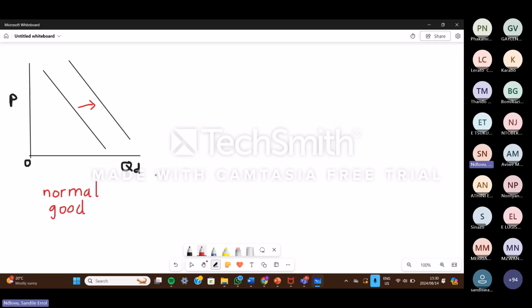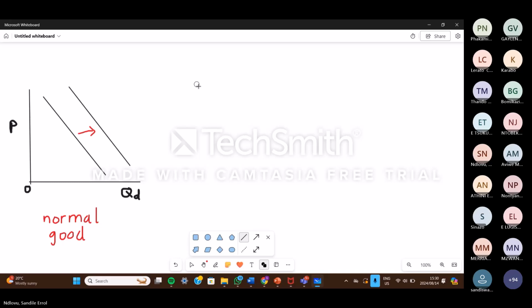And then for an inferior good, let me just do all of this on the same graph to make it faster. So assuming that this is the reference, this is the neutral line.